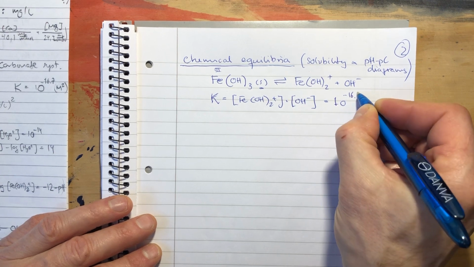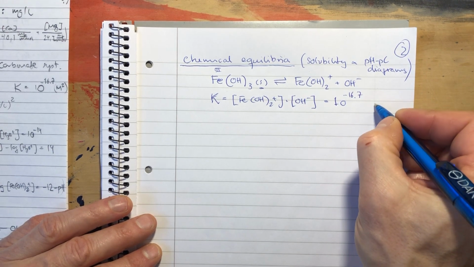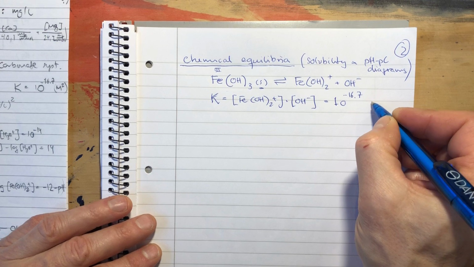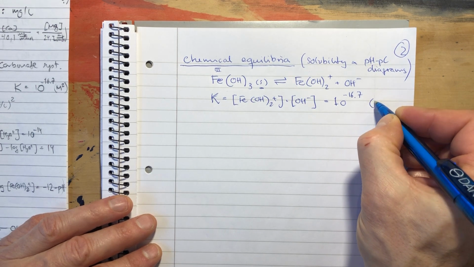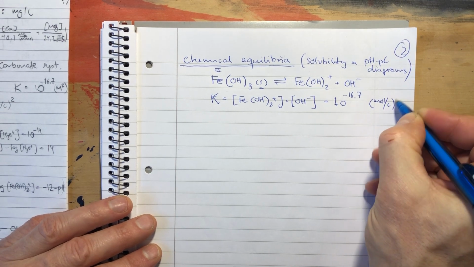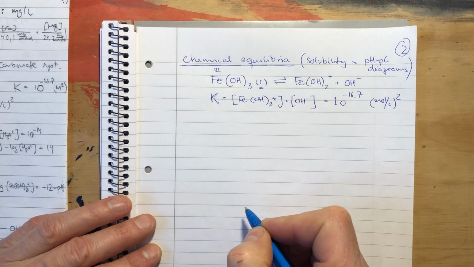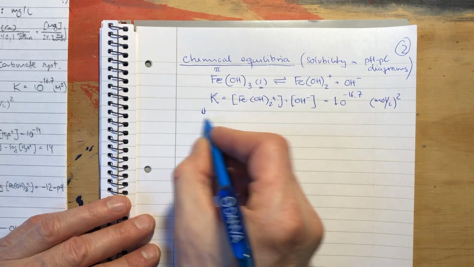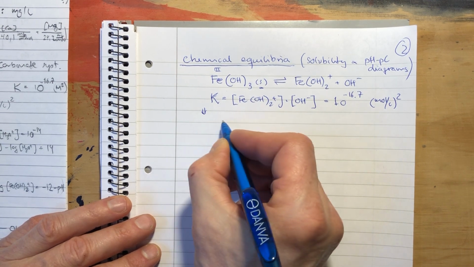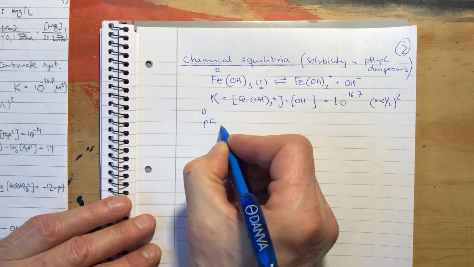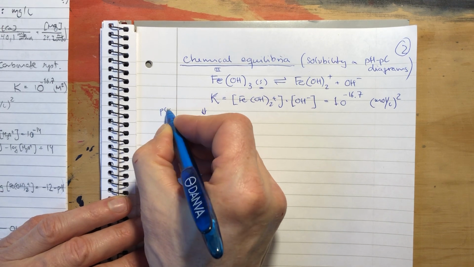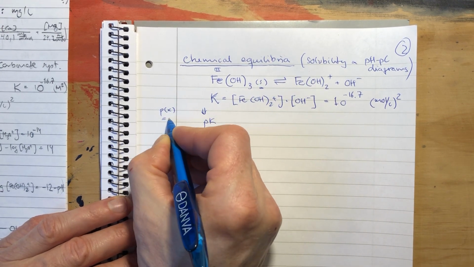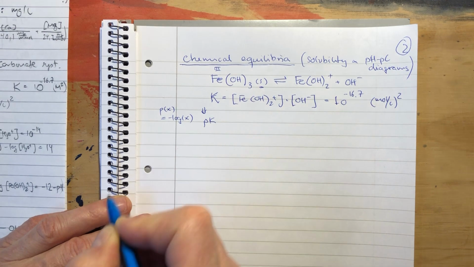This one is from Water Chemistry by Snoeyink and Jenkins. I think it's at 25 degrees, and the unit is going to be mole per liter squared, since I have two concentrations multiplied. Taking the p function of this, that becomes a pK value, where the p function, p of x, is the minus log of a component.